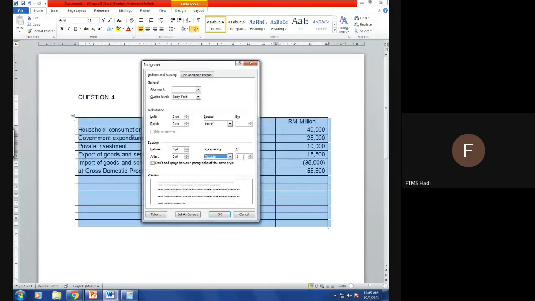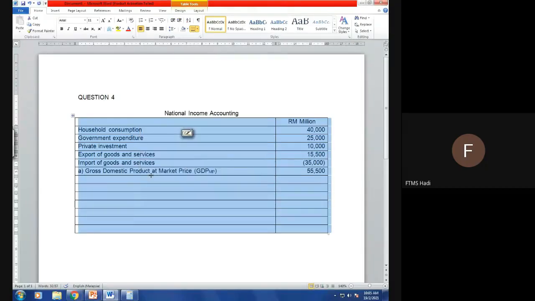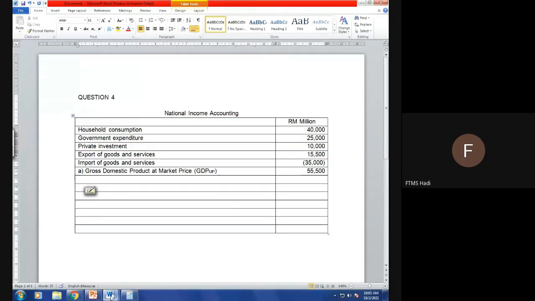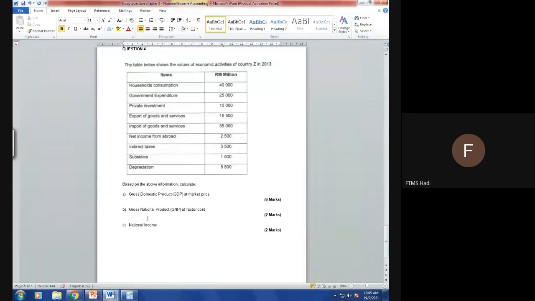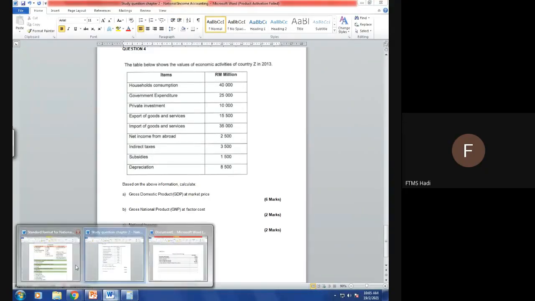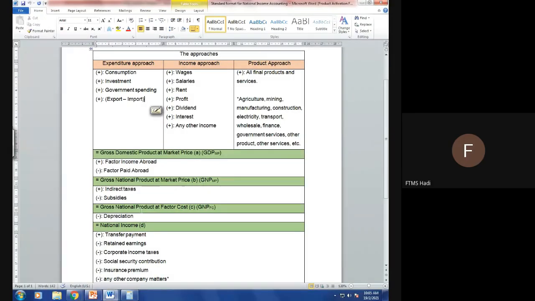The second part, I do the draft first before I make it tidy. The second one, GNP at factor cost. To calculate GNP at factor cost, you need to refer to the format. Indirect taxes and subsidies belong here for GNP at factor cost; sometimes it can be here, sometimes there, so you need to look at the question. If GNP at factor cost, that means indirect taxes and subsidies.